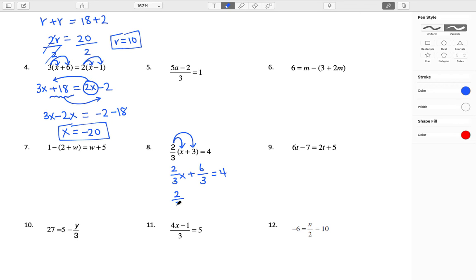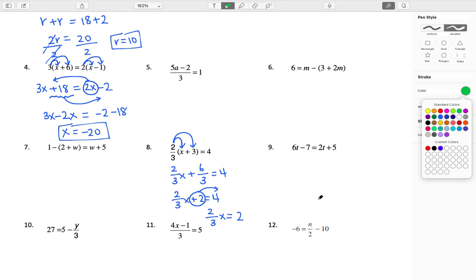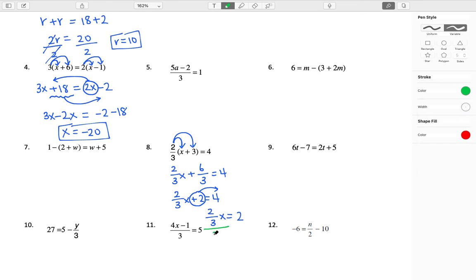So I can simplify it. And then I can move positive 2 to the other side by collecting the like terms. So 4 minus 2 will be 2. And then we are going to divide whatever is in front of x. So we're going to divide this by 2 over 3. And we're going to divide this by 2 over 3. So that it will cancel and cancel.